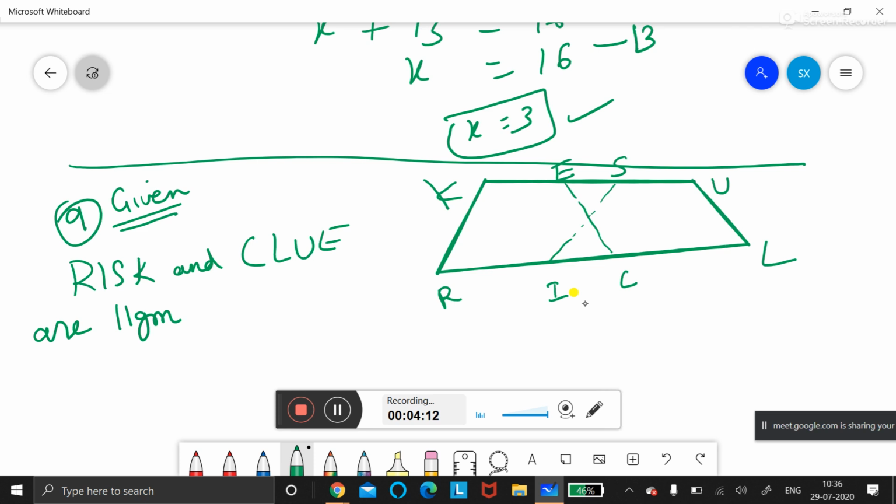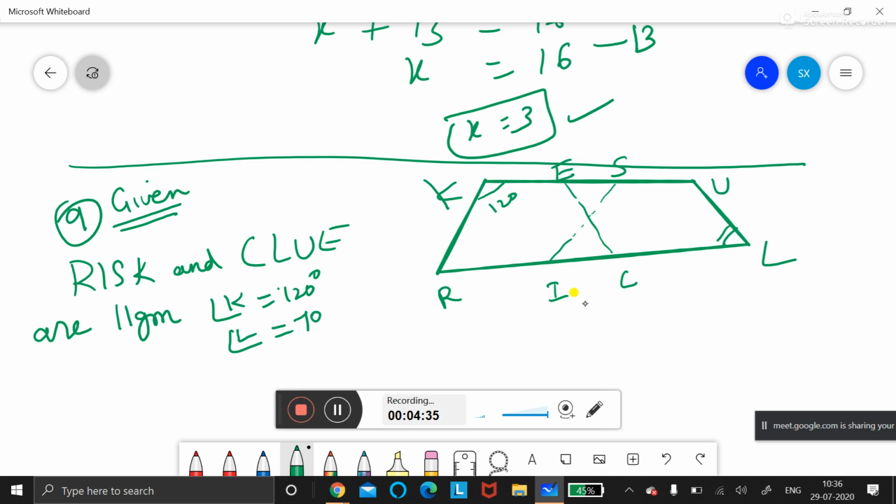Parallelogram, the short form we can write. This is given. And then angle K is also given. What is angle K? Angle K is 120 degrees, ma'am. 120 degrees. So this is 120 degrees. Angle L is 70 degrees, that is also given.